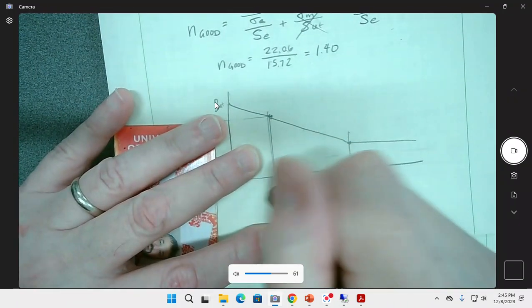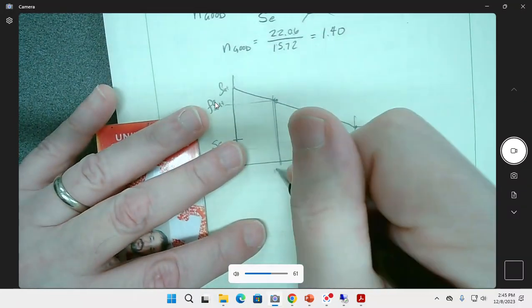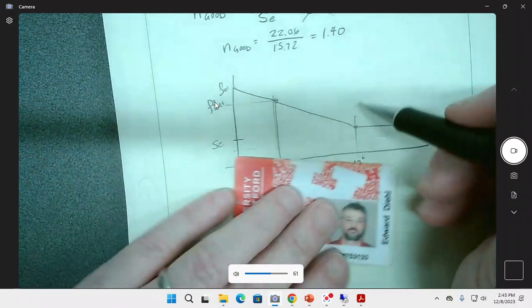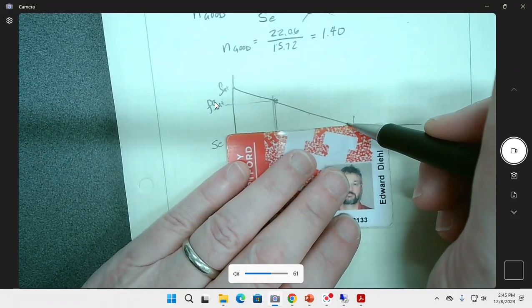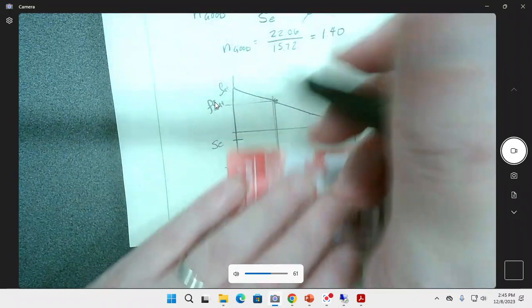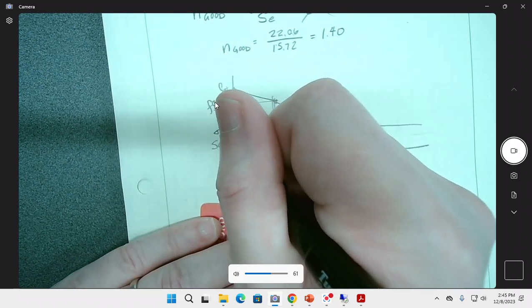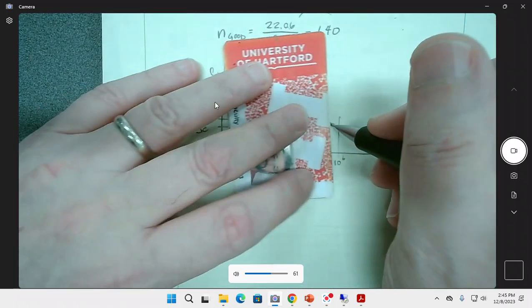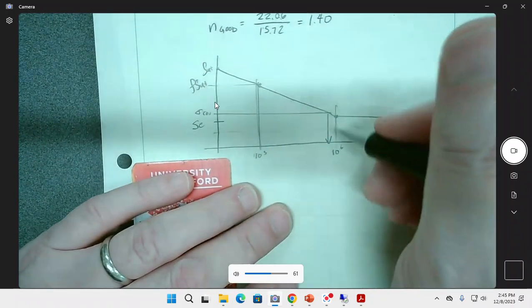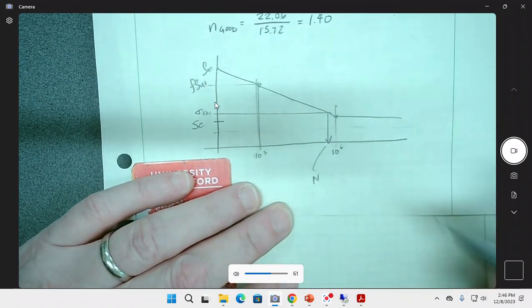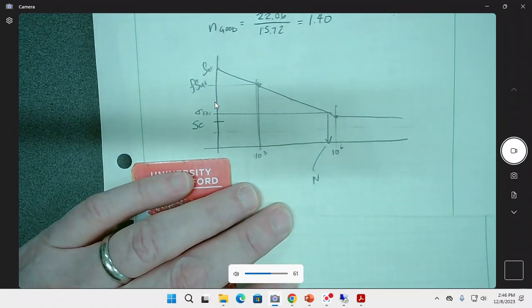I should probably do a 10 to the 3 right here. And we are just above. Here's our sigma rev, and we come down to here, and that's what we're predicting is going to be our n. Does that make sense?